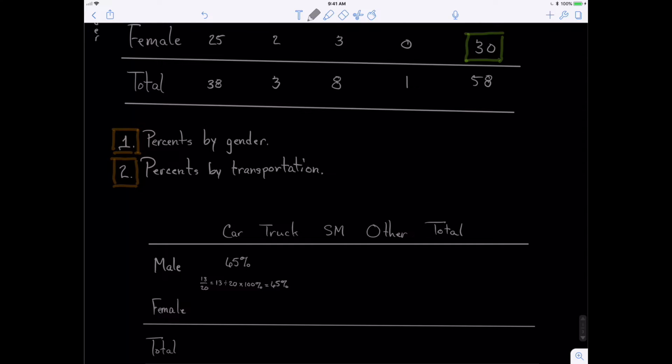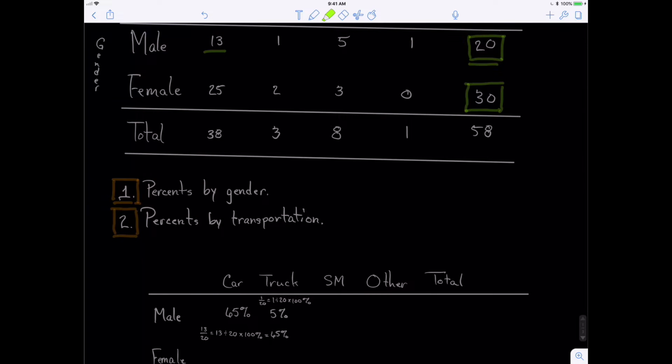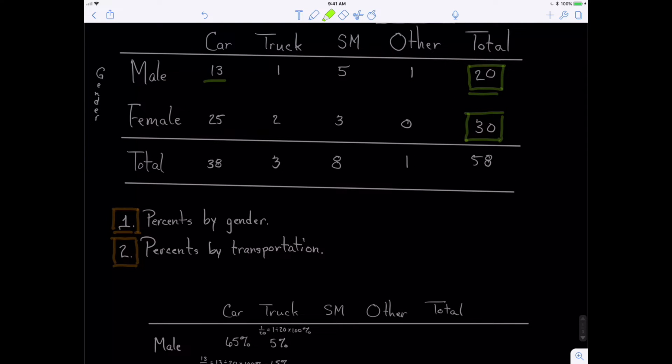Then the truck calculation was 1 out of the 20 males. So that's the same as 1 divided by 20 multiplied by 100%. If you put that in your calculator, you come up with 5%. Then if we look above, for SUVs and males we have 5.